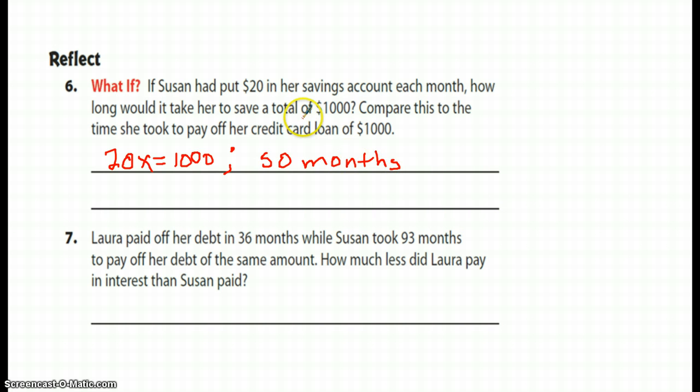Remember, you have 20x, so you're going to divide both sides by 20. The only thing you're doing here is dividing 20 into 1,000, and that's going to give you 50.